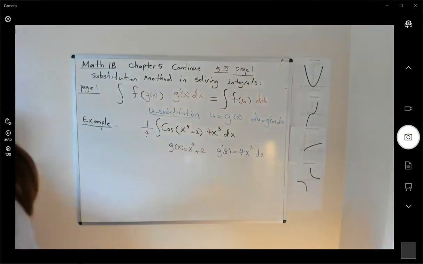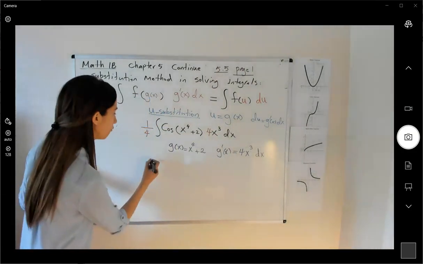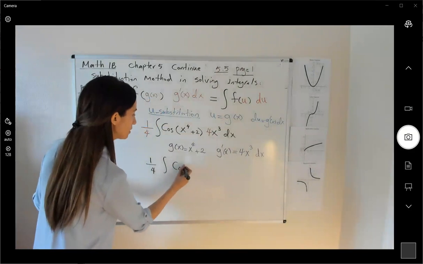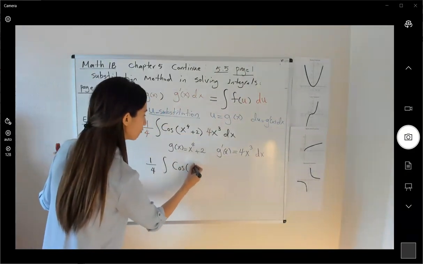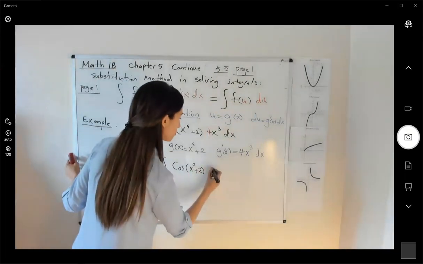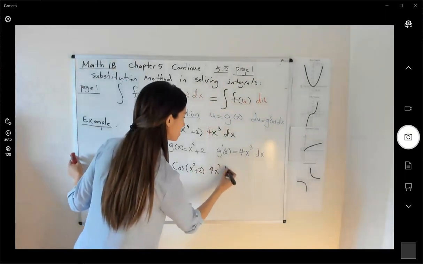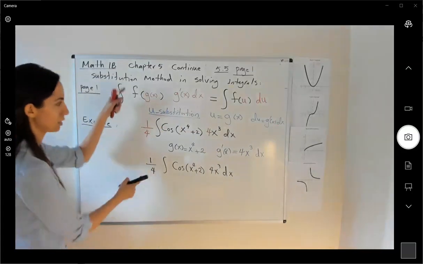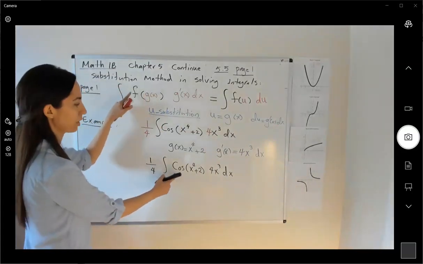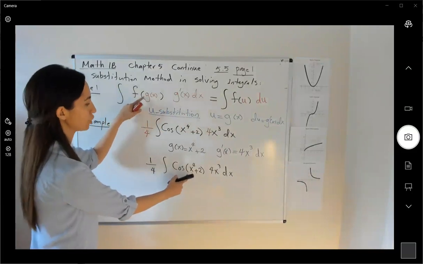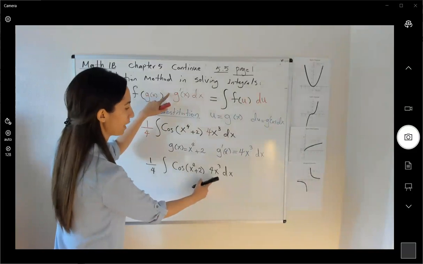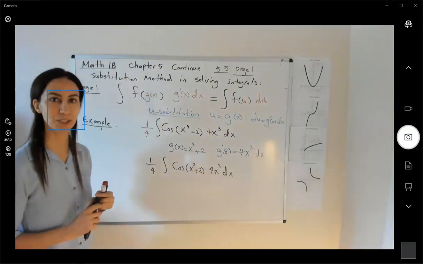So this integral is actually 1 over 4 integral cosine of x to the 4 plus 2 times 4 x cubed dx. Take a look at the substitution method. I have the integral, my f is cosine, my g is x to the 4 plus 2, and I have g prime of x dx next to it.